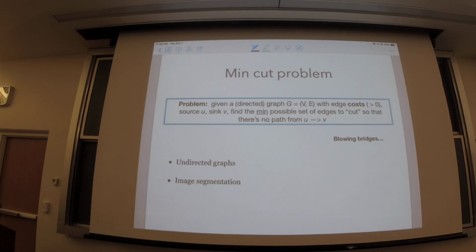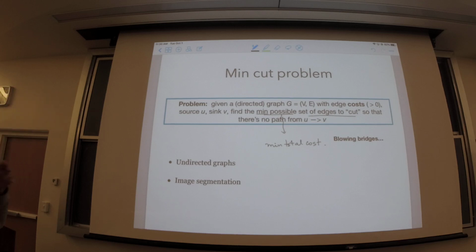What I mean by this is min in terms of total weight. So min weight, min total cost set of edges to cut, so that there is no remaining path from U to V. And as you can imagine, people studied this problem in the 40s during World War II.